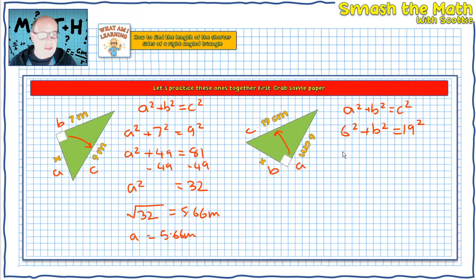Okay, right, so 6 times 6 is 36 plus B squared, because we don't know what that is, equals 19 squared. Now, I can't do that one in my head, so let's do that on the calculator.